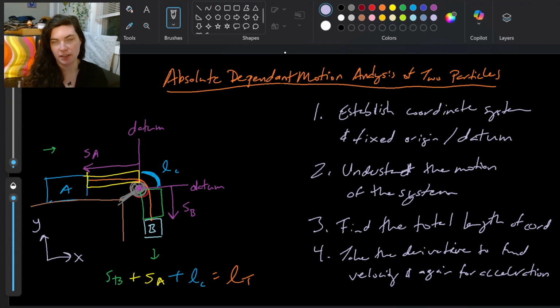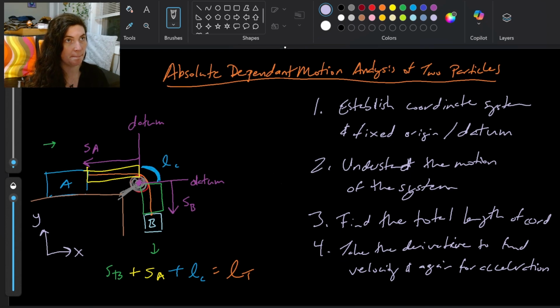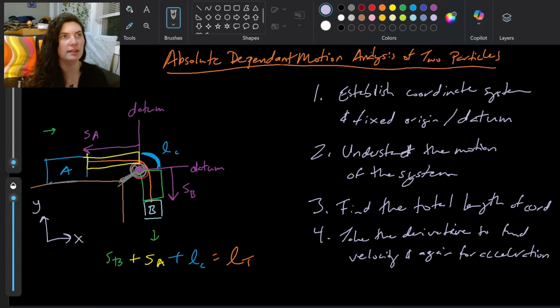Then we can solve problems wanting to find distances or velocities or accelerations through this length of cord relationship, where I now want to take the derivative of this, or look at how this is changing.